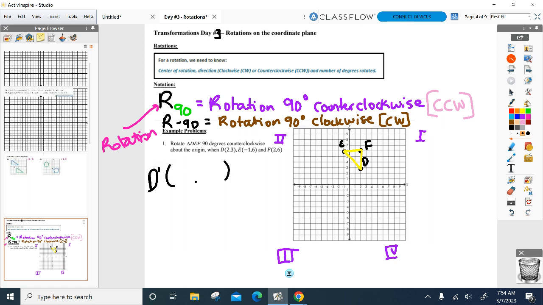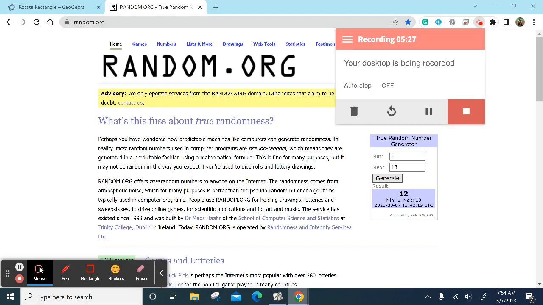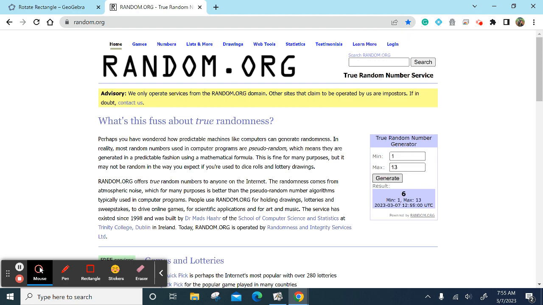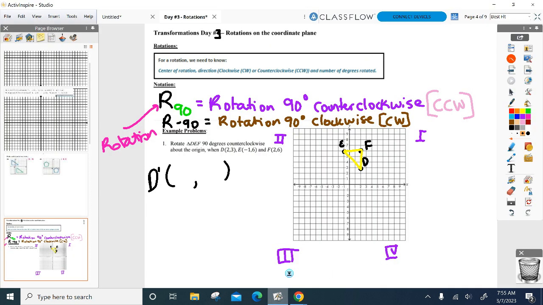D prime, name that point where D is right now, because it's not 2, 3 anymore. All right, so take a look right now on this new graph, X and Y. D prime, what do we see it is on your paper here? Where's your point D now, Nate? -2, 3?